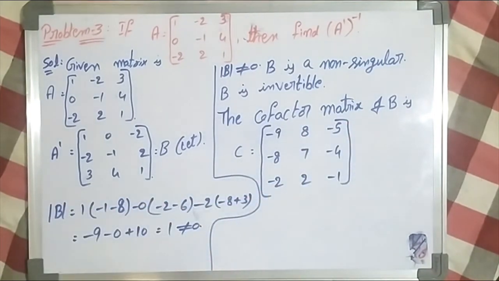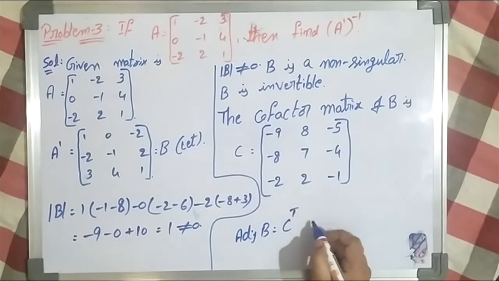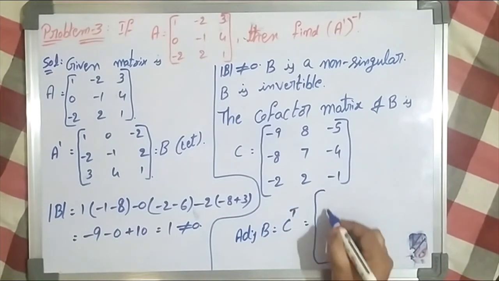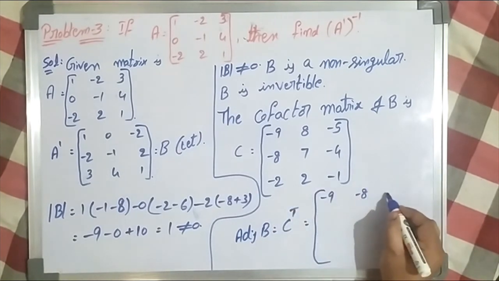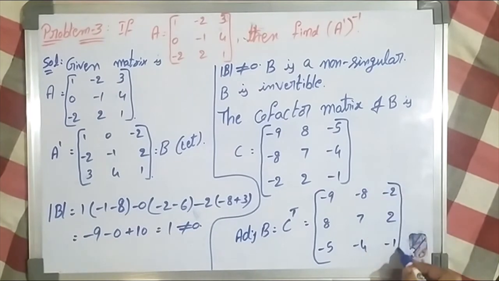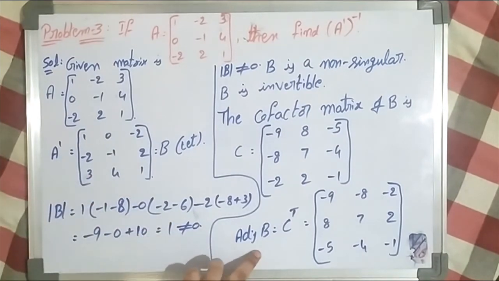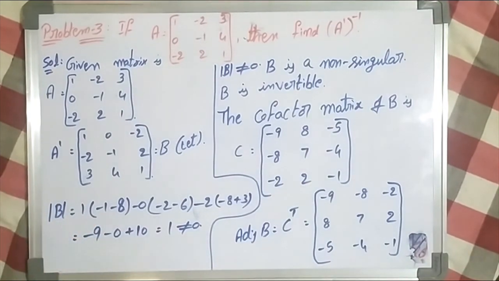Then the adjoint of B is nothing but C transpose. That equals [minus 9, minus 8, minus 2; 8, 7, 2; minus 5, minus 4, minus 1]. This is the adjoint of B, that is, the adjoint of the A transpose matrix. Next we have to find the B inverse value.